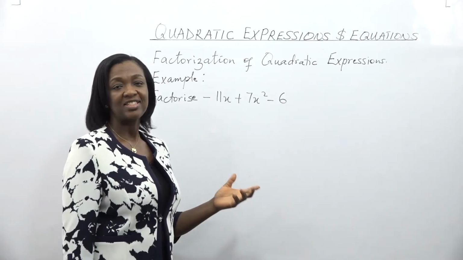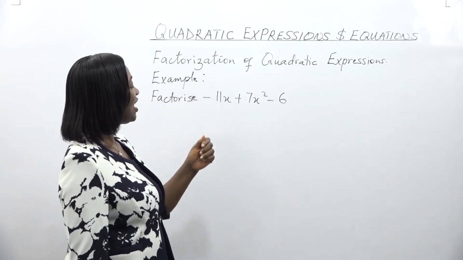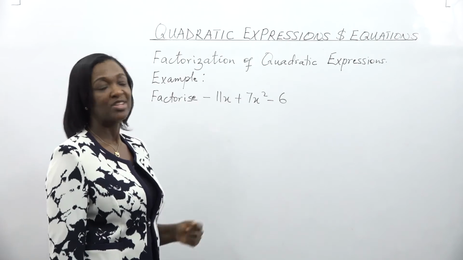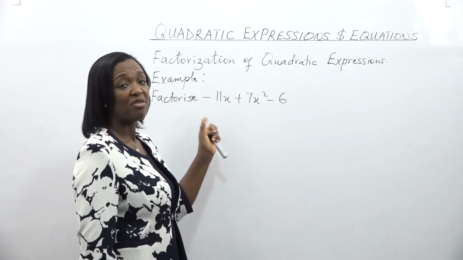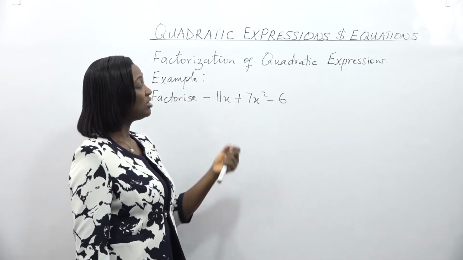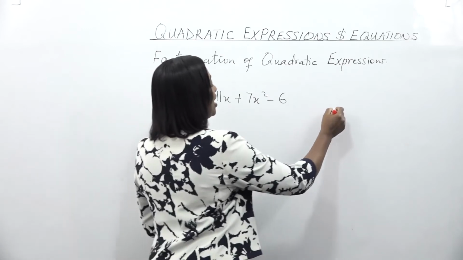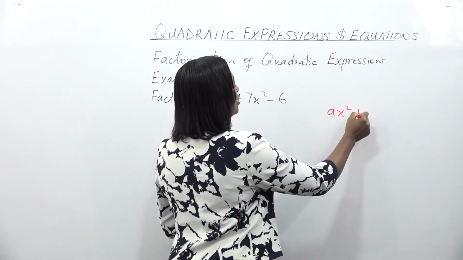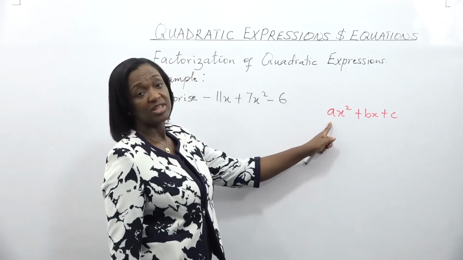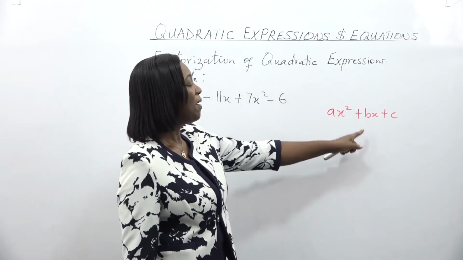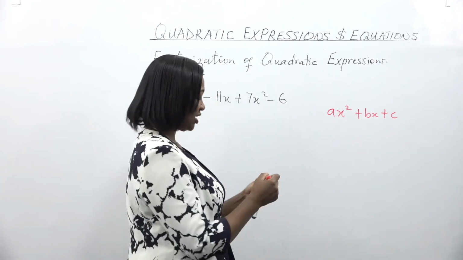In this next example, we want to factorize minus 11x plus 7x squared minus 6. The first thing will be to rearrange this expression into the general form of quadratic expressions, which is ax squared plus bx plus c, where a is the coefficient of the quadratic term, b is the coefficient of the linear term, and c is a constant.